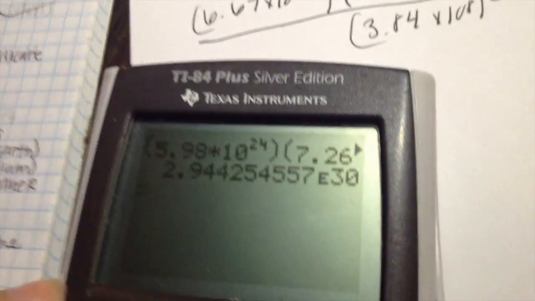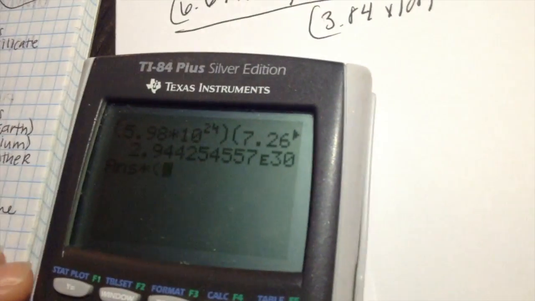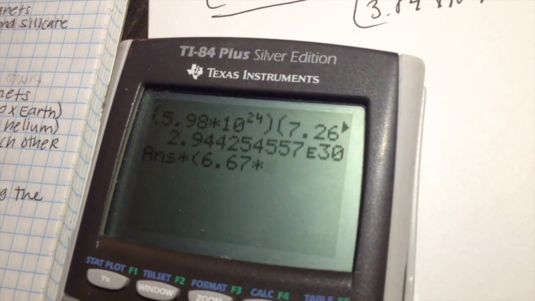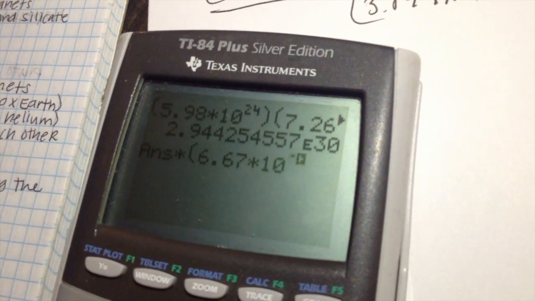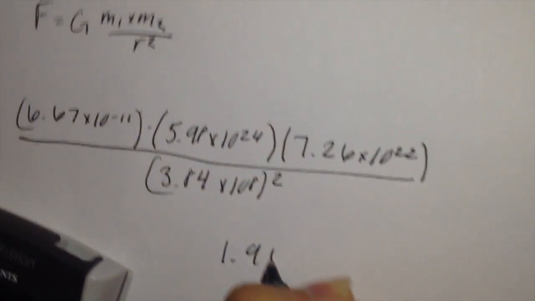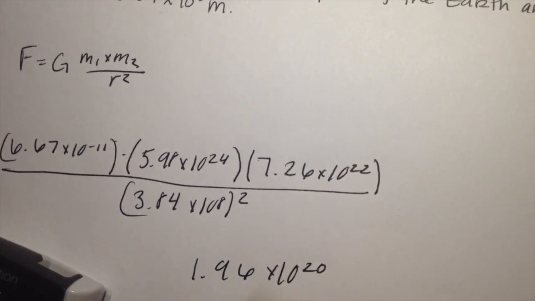So we got 2.944 and so on. Now we multiply the answer by the gravitational constant, so times parentheses 6.67 times 10 to the power of negative 11, equals 1.96 times 10 to the 20th power.